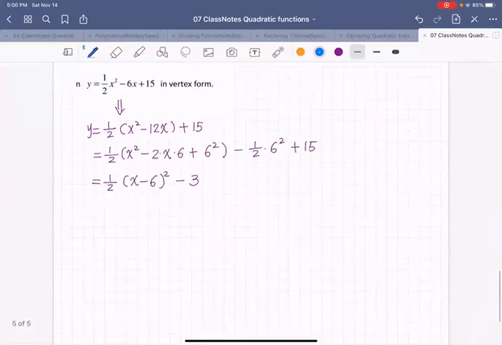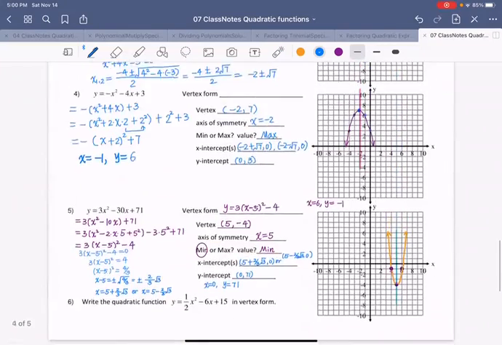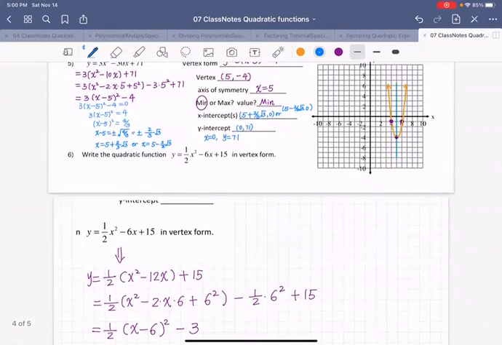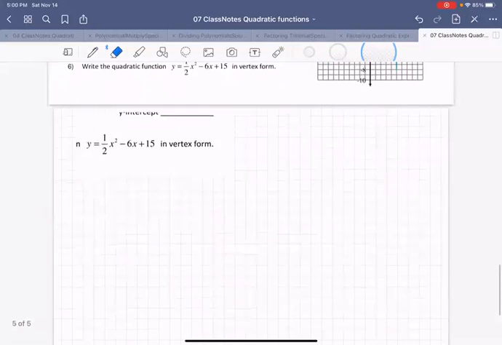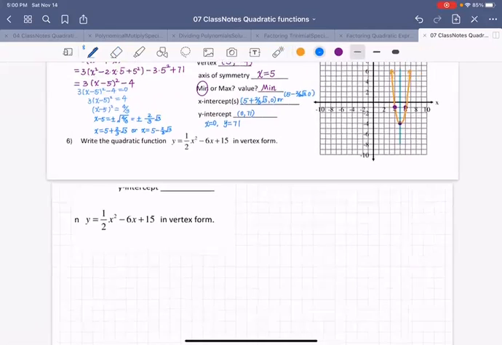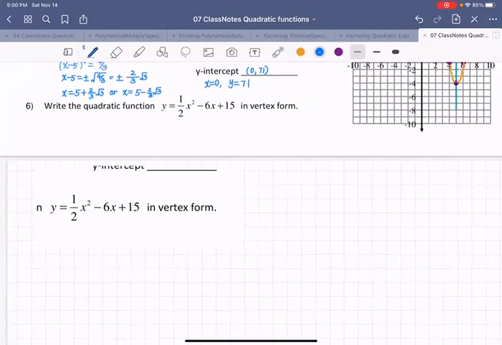Let's draw number 6. Let's also do this guy. We want to change this guy to the vertex form, which is the most important thing here. Go ahead, tell me what you can do. 1/2 times x squared minus 12x plus 15.